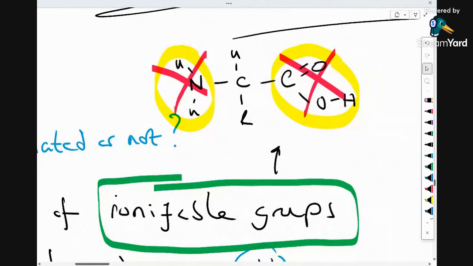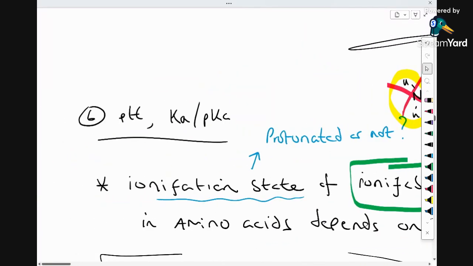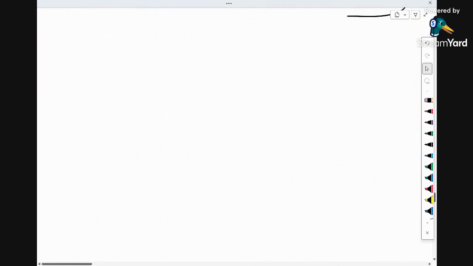We don't really bother with whether those are ionized or not. We absolutely need to bother with the R group down here. So I'll do this one in green, right? Absolutely need to bother and decide whether that is going to be charged or not. And you'll see the importance of that when we look at protein folding in the next lesson. But essentially, it's the R group ionization state that we care about. And of course, some of the R groups are ionizable.